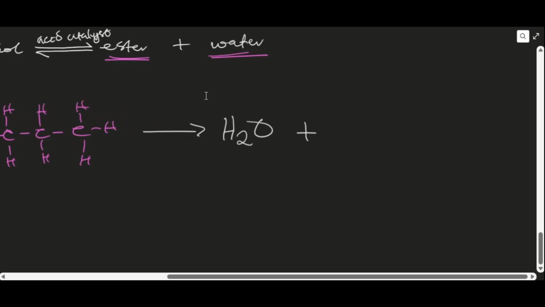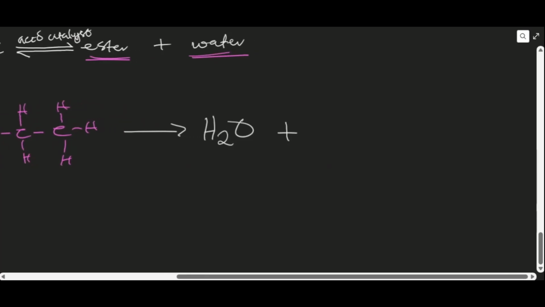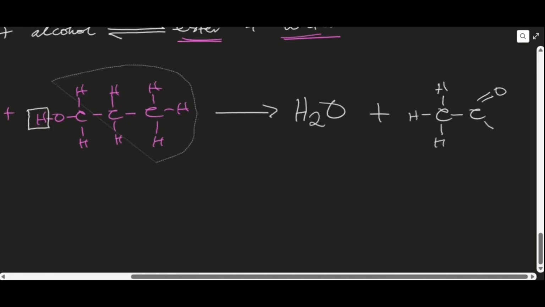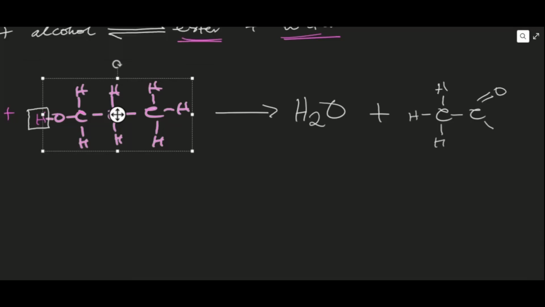And then we'll bring it to the other side here. So this is what we have left from the acid. And then let's pick what we have left from the alcohol. That is our propanol. So we'll bring it down here.